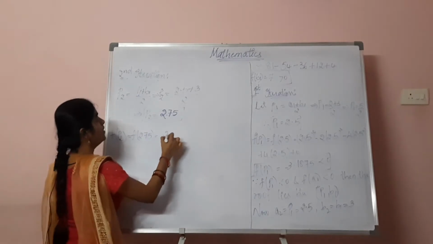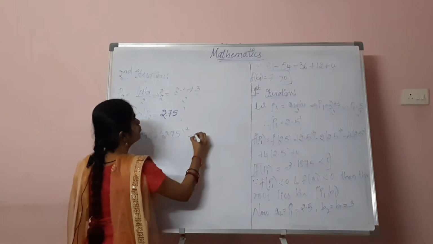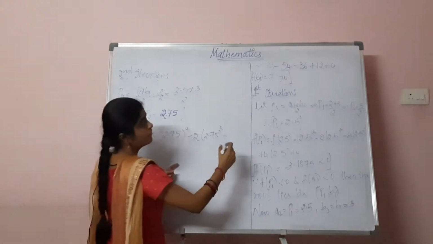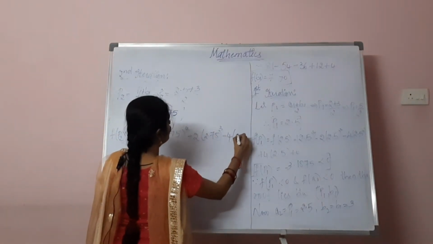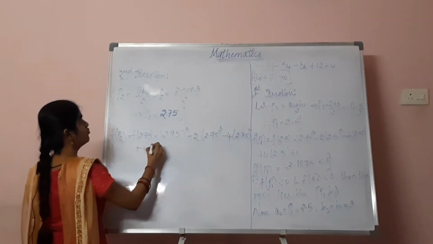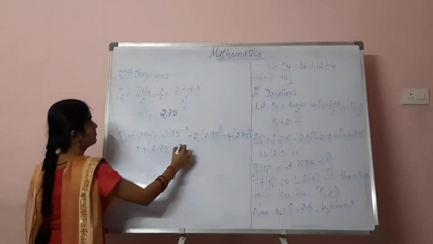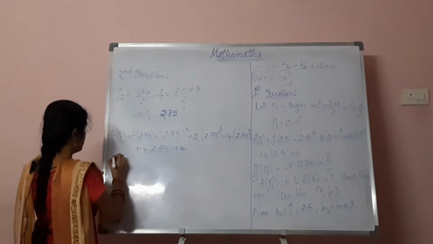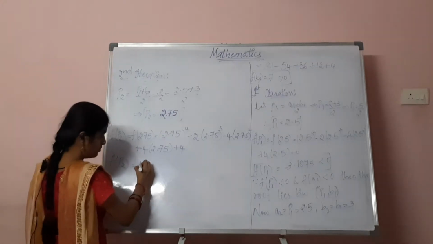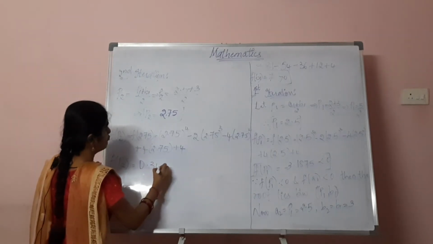So 2.75 power 4 minus 2 into 2.75 cube minus 4 into 2.75 square plus 4 into 2.75 plus 4. So F of P2 equals to, after calculating, what we will get? 0.3477.